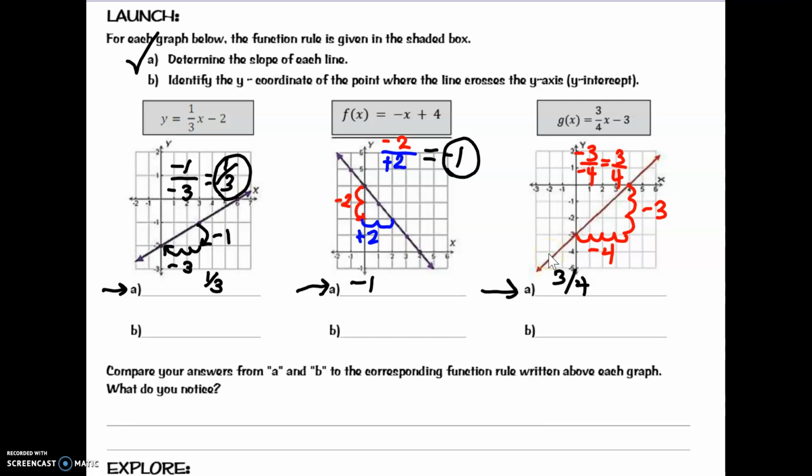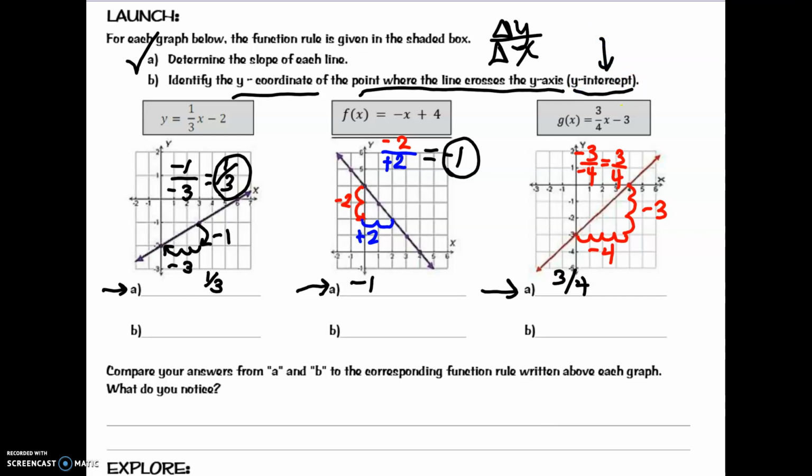Remember that your slope is your change in y over your change in x. So make sure that you write your vertical distance on top of your horizontal distance. So the next thing I would like you to do is to identify the y coordinate of the point where the line crosses the y-axis, or what we had just said was called the y-intercept.